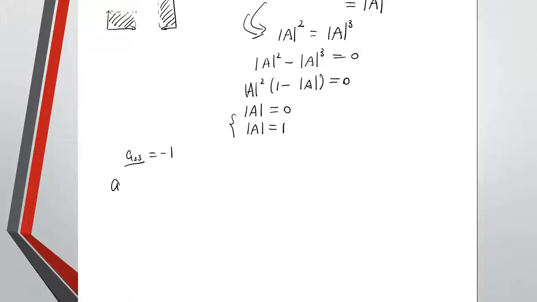If we take A33 as the center, let's expand it along the row where A33 is. So A's determinant will become A31 times its corresponding capital A31, plus A32 times capital A32, plus A33 times capital A33.